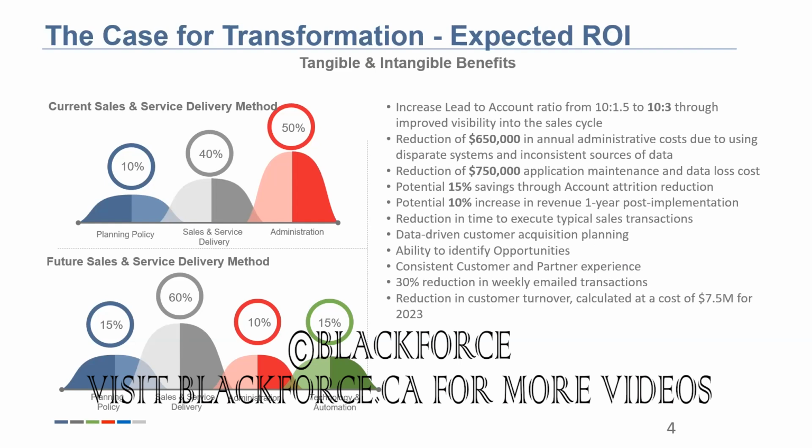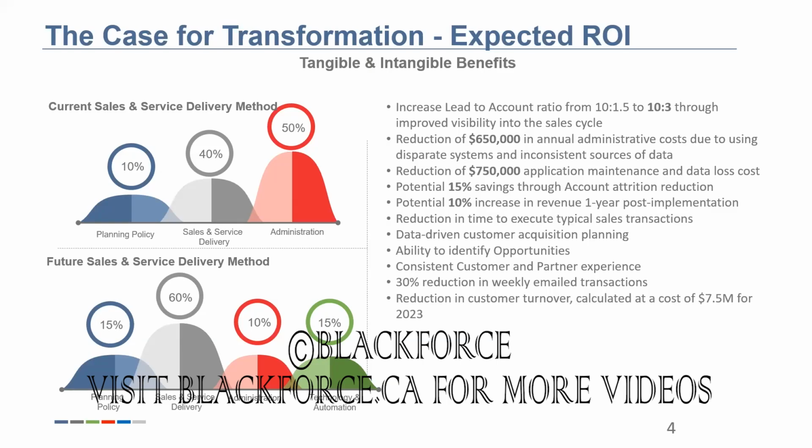Topshop 2023 is going to put us in a position where only 15% of our time will be spent on planning, which is a 50% increase from what it is today. Sales and service is going to go up to 60%, which is 20% higher than it is in the current state.